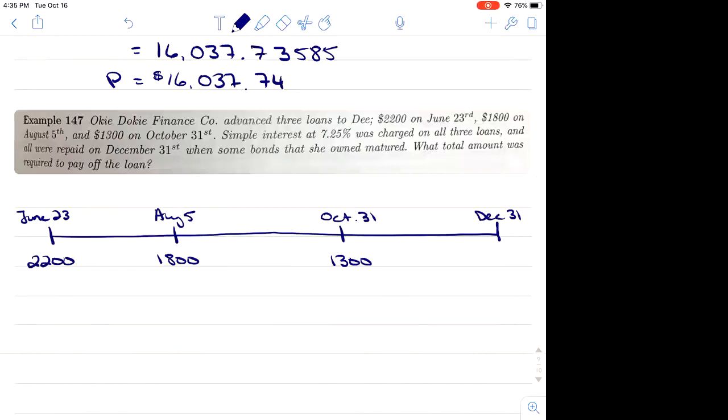It gets a little messy because we like to write this arrow, then this arrow, then this arrow, but just to keep the arrows clean, I build my arrows from the closest date, then the next closest date. It doesn't matter, it just makes it look a little cleaner. So the 1,300, I'm going to pull forward to December 31st, and that's going to be a future value.